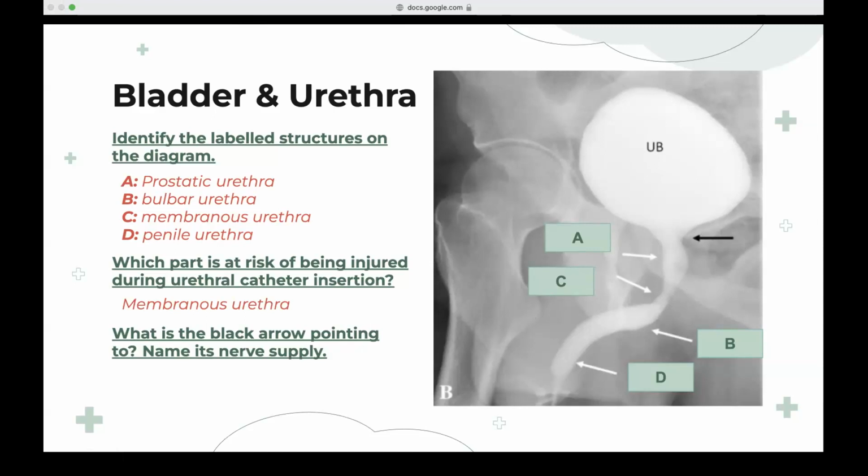What does each do to this sphincter specifically? What would your parasympathetic system cause the internal sphincter to do?